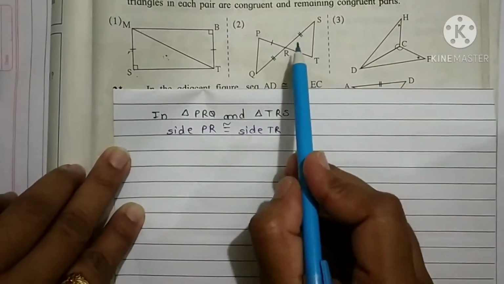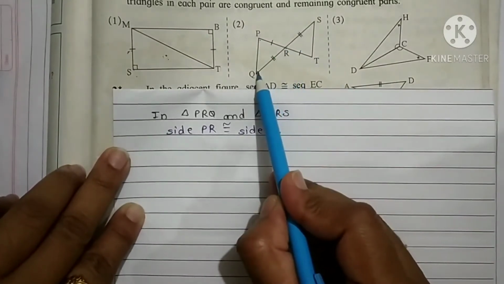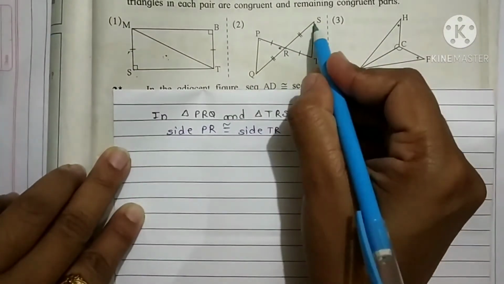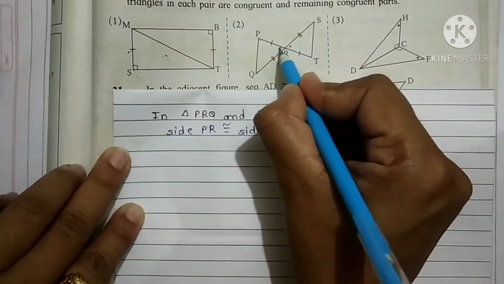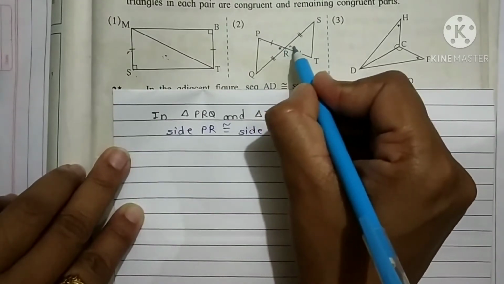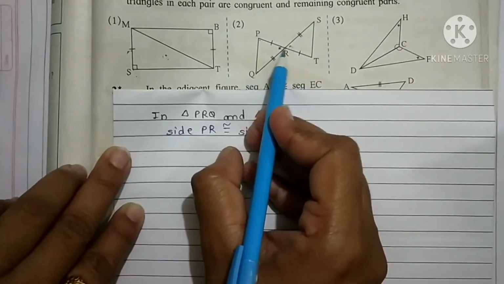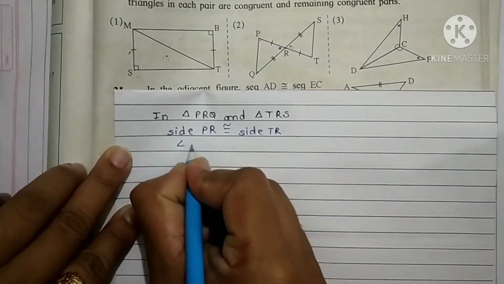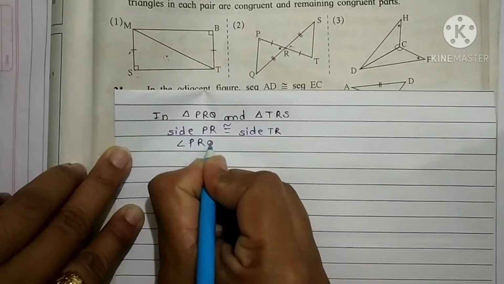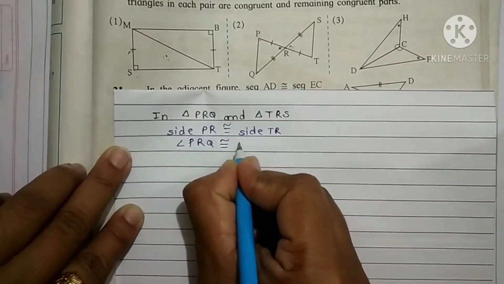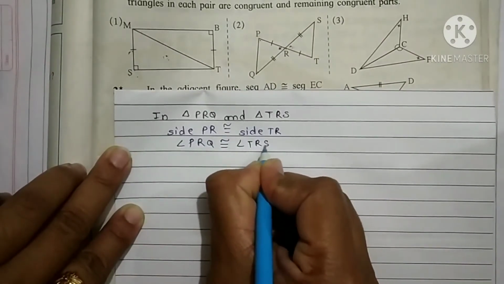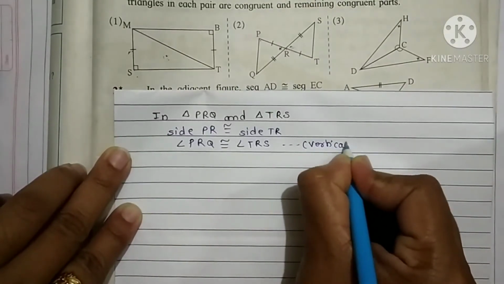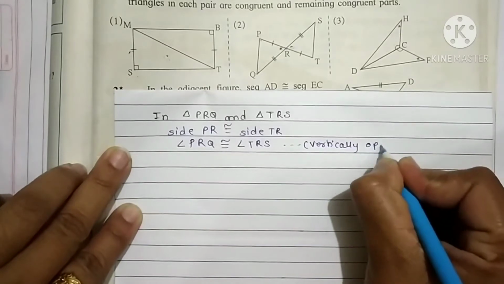And here angle PRQ and angle SRT are vertically opposite angles, and vertically opposite angles are always congruent. Therefore we can write angle PRQ congruent to angle TRS. The reason is vertically opposite angles are congruent.